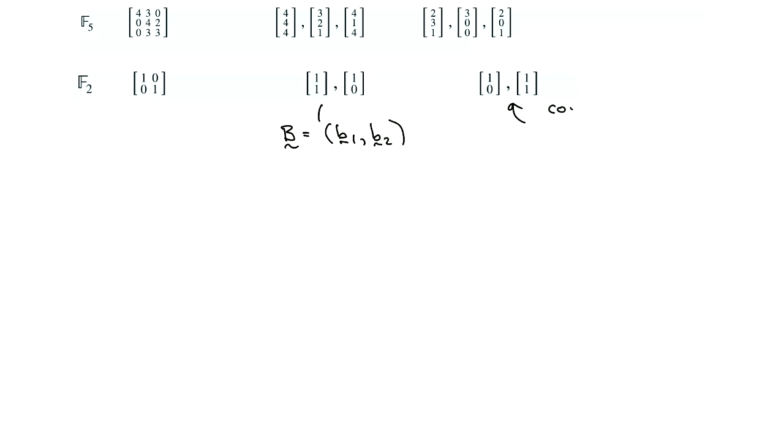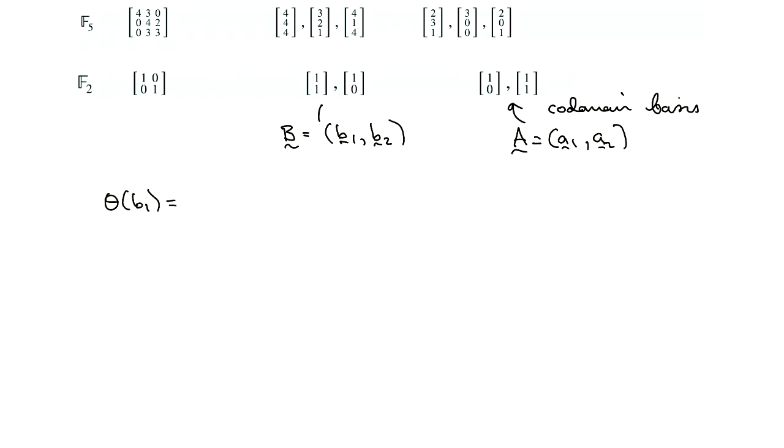So remember what we've got to do. This is our basis B of the domain, B1, B2, and this is our basis of the codomain, A1, A2. We have to compute theta of B1.